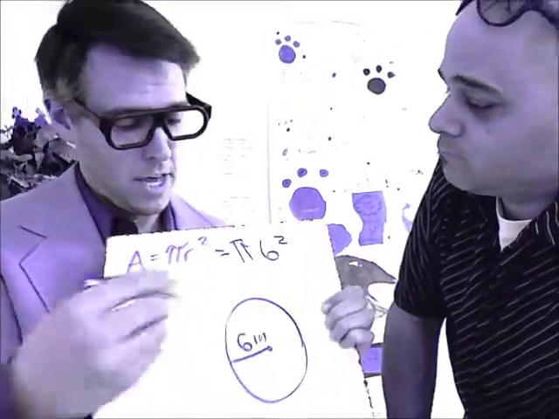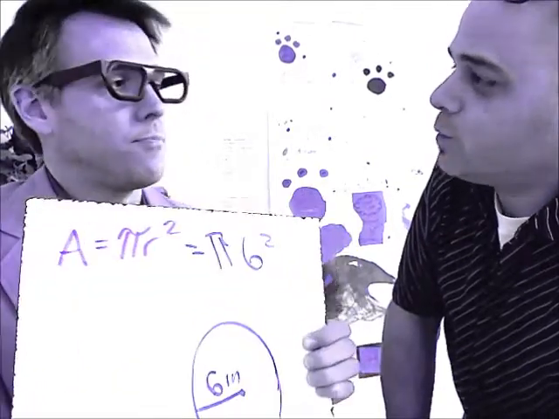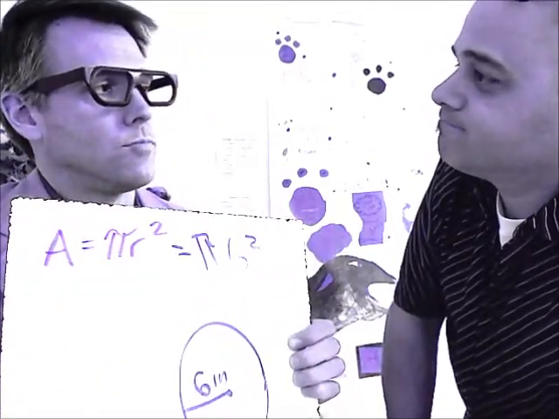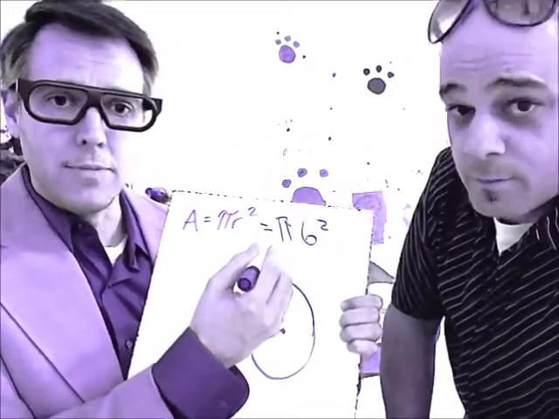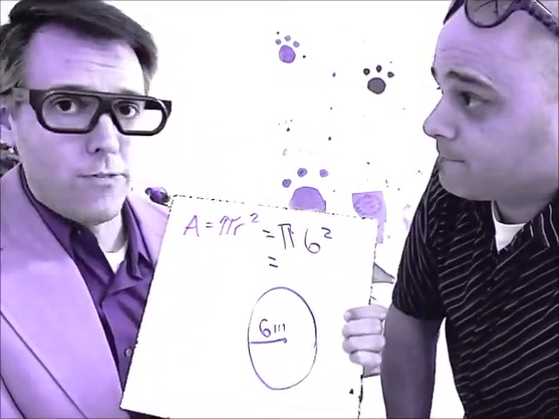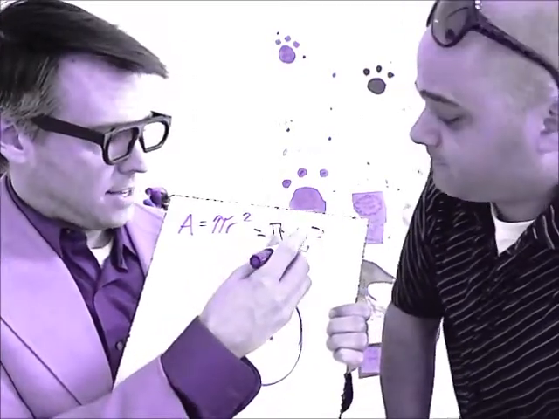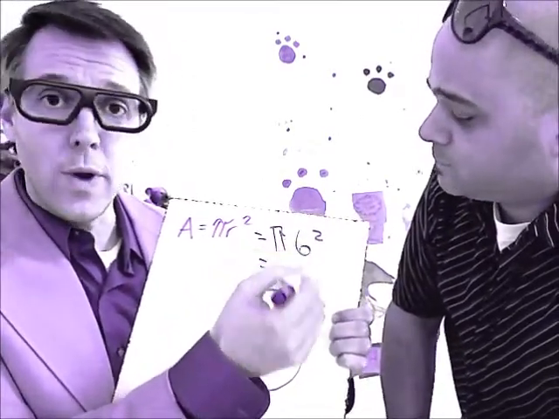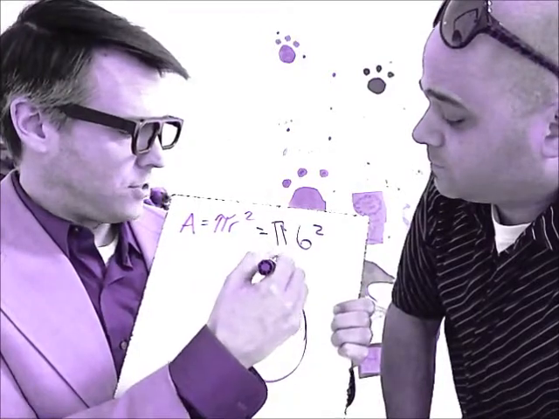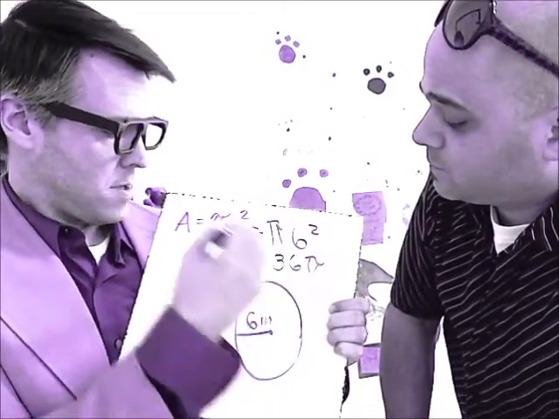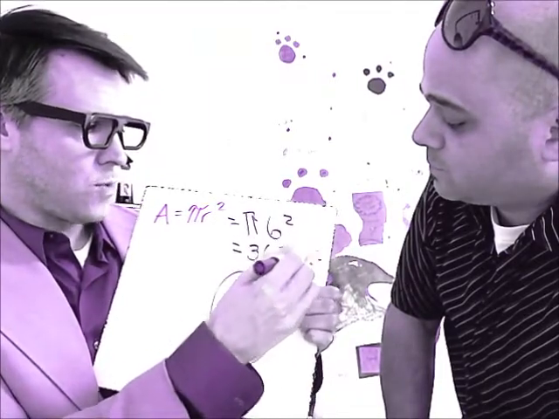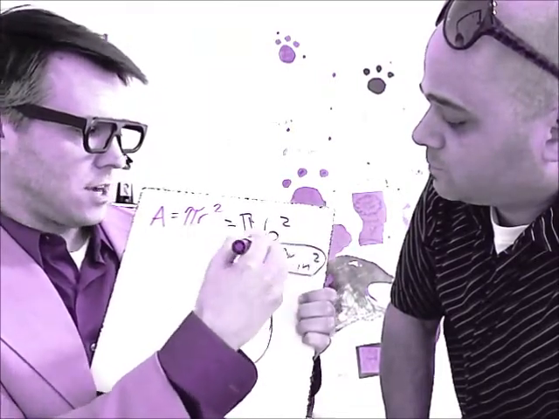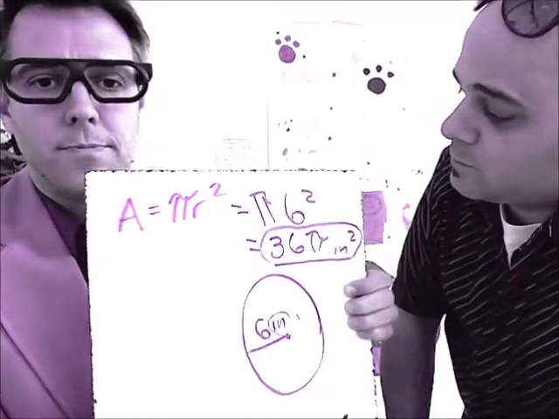In 6th grade, you leave the pi symbol. You do not use 3.14. You just leave pi. So we have 36 pi. What are we talking about here? Inches squared. So your answer is actually 36 pi inches squared.